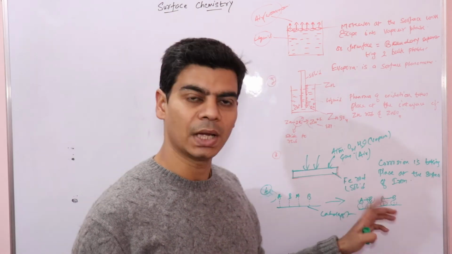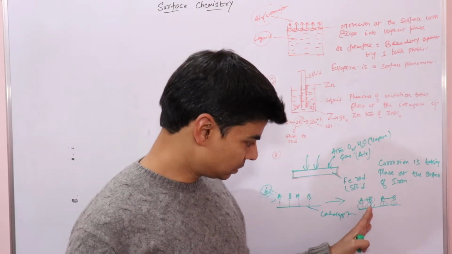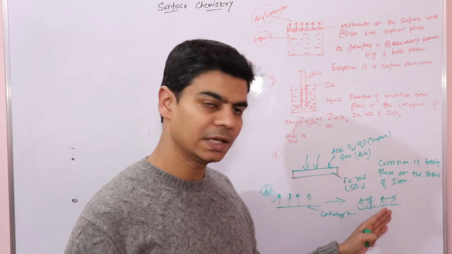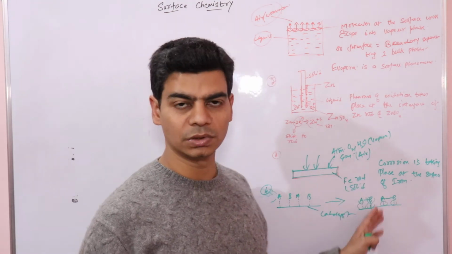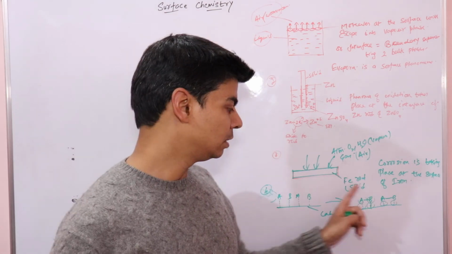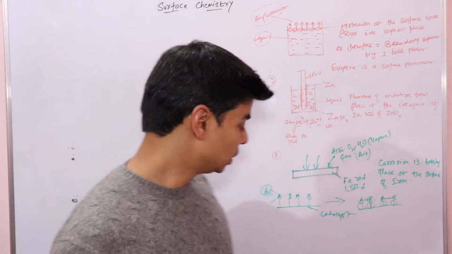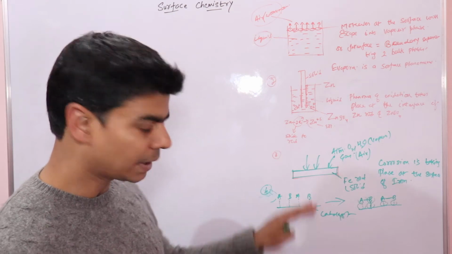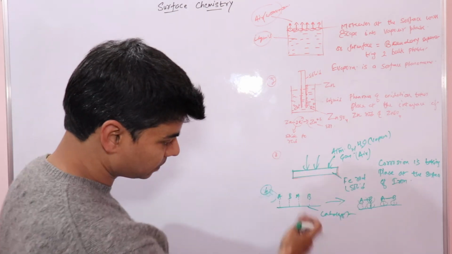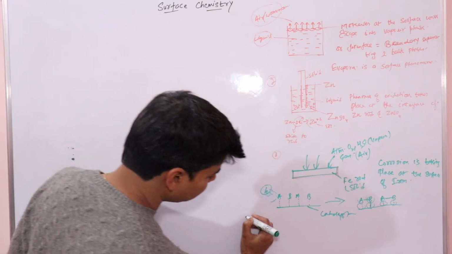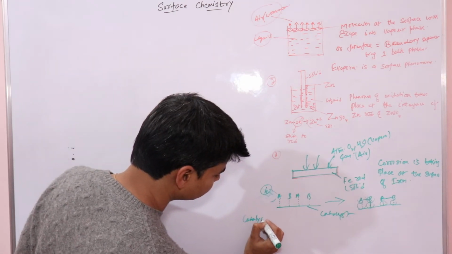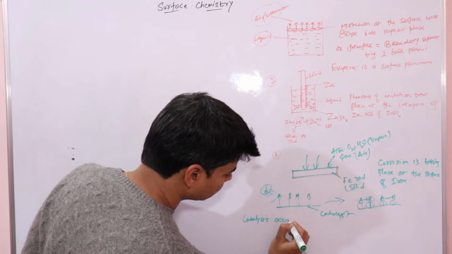This reaction has increased because the catalyst has provided a surface to these reacting gases, thereby increasing their concentration and helping the reaction between A and B. This entire phenomenon is known as catalysis. So catalysis occurs at the surface.